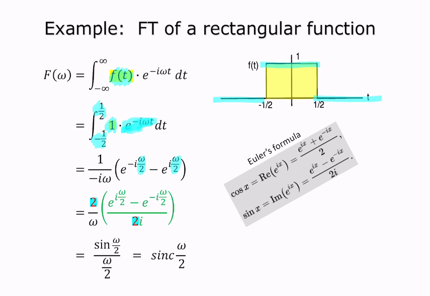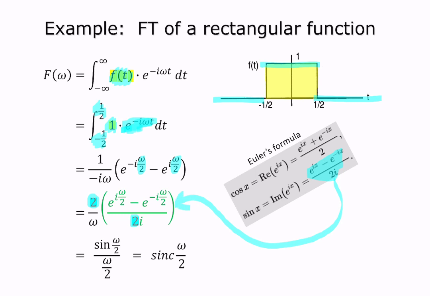And with a little bit of manipulation, if you put a little 2 there and divide by 2, that'll allow you to invoke the Euler definition of sine and say, well, that looks awfully similar to that.